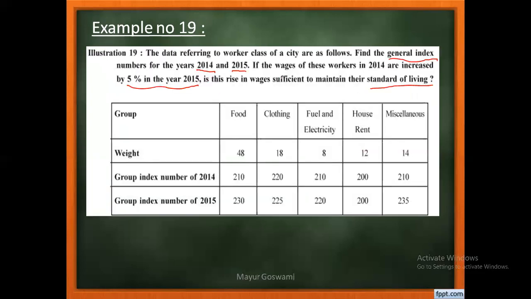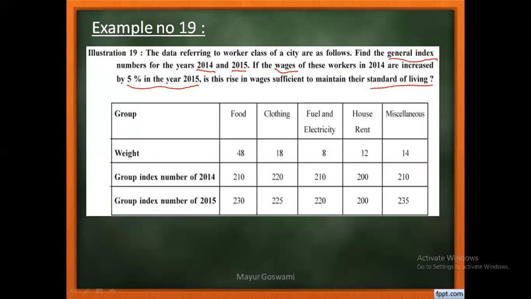Now, try to understand here. Here you have stated that the wages, I would say this is the income of the worker, right? As compared to 2014, in 2015 the income or wages of that worker is increased by 5%. That means if it is 100 in 2014, then in 2015 it would be 105. So only a 5% increase in income, right?